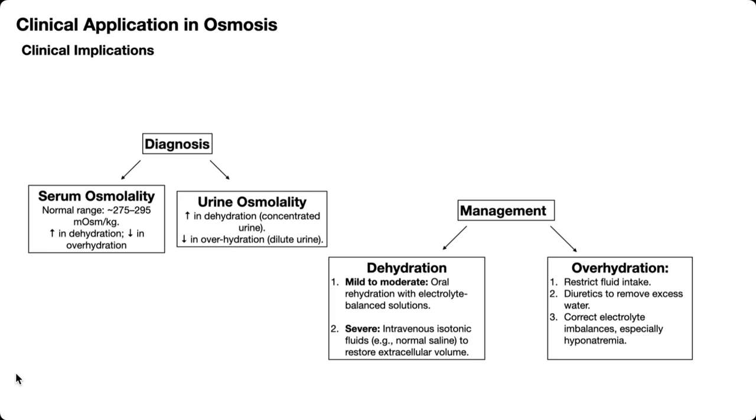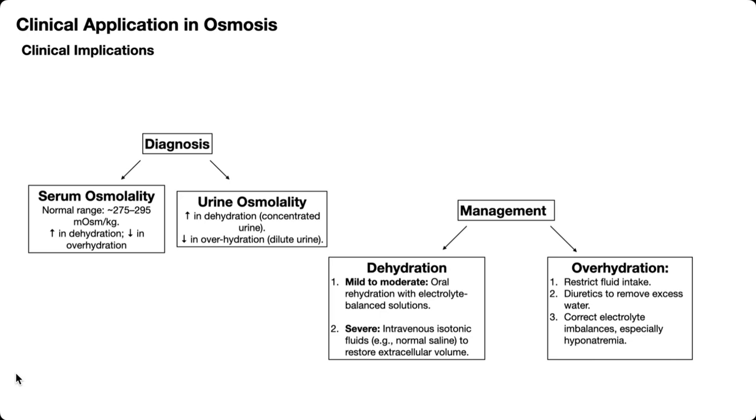When the serum osmolality is below that, and remember, we're talking about the external environment here, we would consider that overhydration, right? Because we have less solutes, more water. As far as urine osmolality, this is where we're going to be dumping out the extra electrolytes, extra fluid.